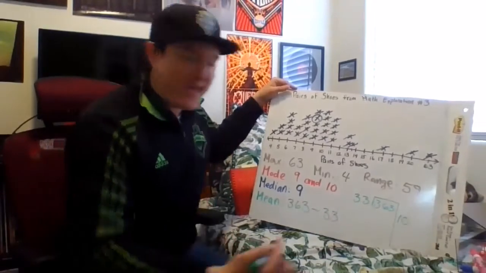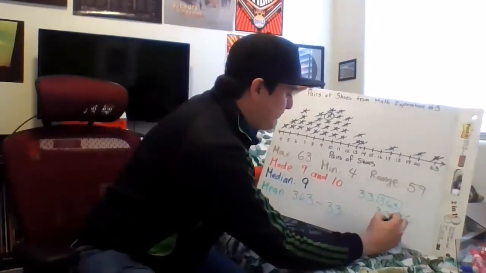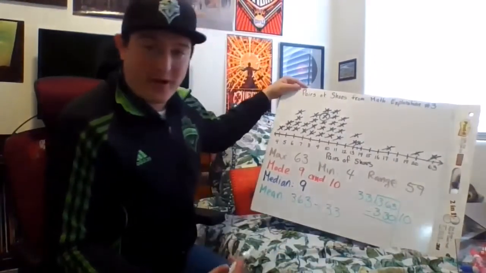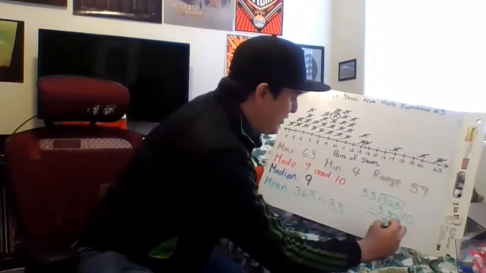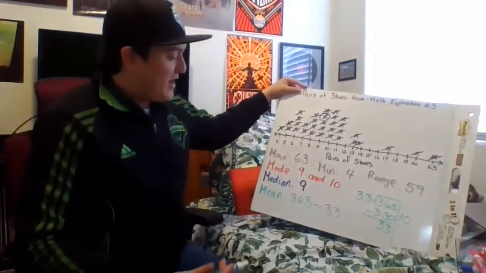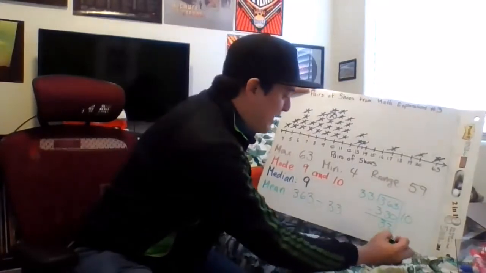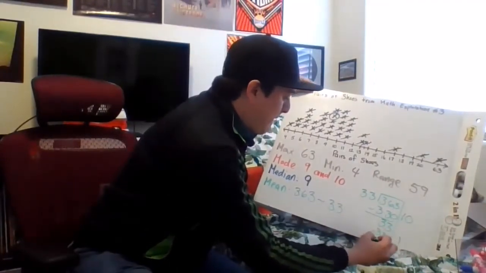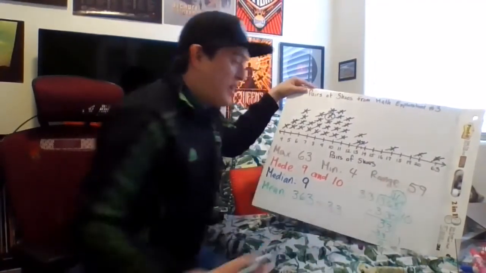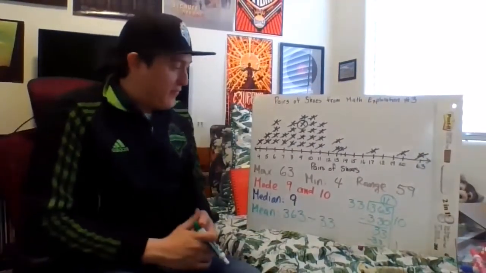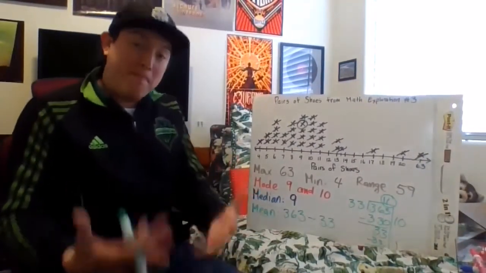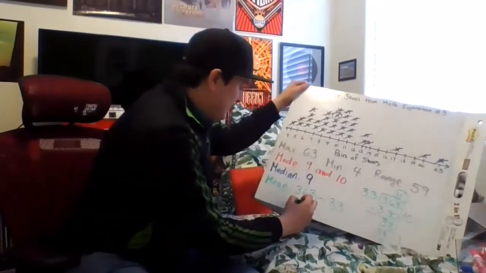And so 33 times 10 is 330. I subtract that from 363, which conveniently is 33. And 33 fits into 33 one time. And so our average or our mean for this set of data points is 11.